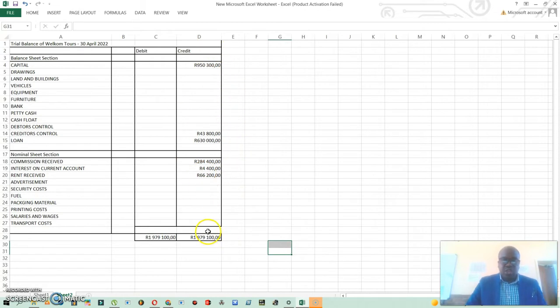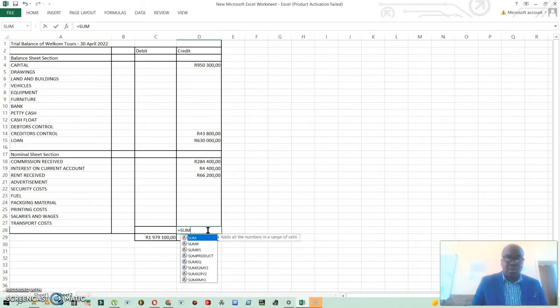Now that you think you've got all your transactions on the credit side, or if you are not sure, you will take your calculator and add all the amounts on the credit side.